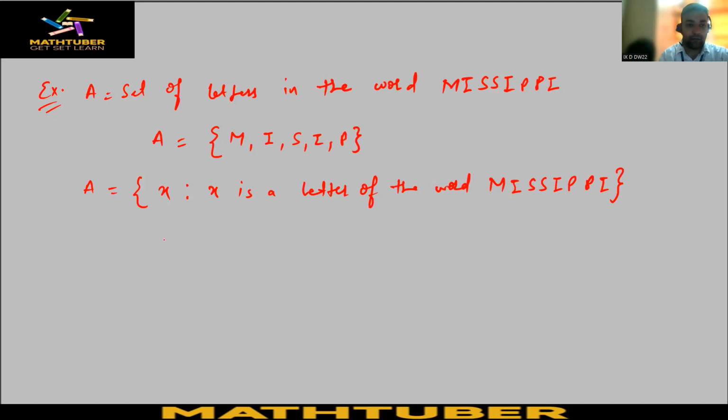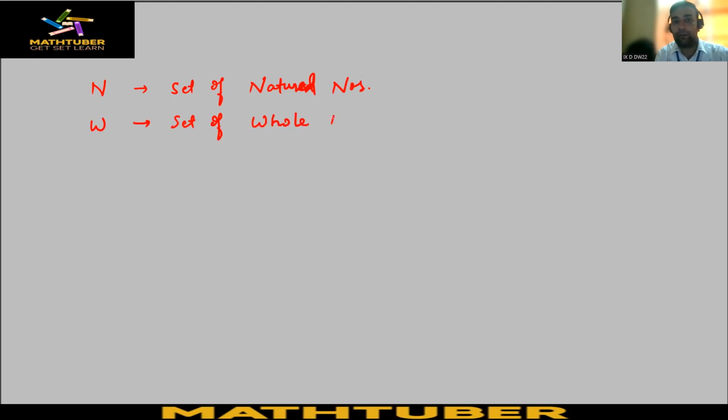So now let's learn a few more symbols. N represents the set of natural numbers. We all know that natural numbers start from 1 until infinity. Similarly, whole numbers, which includes 0 as well. So set of all whole numbers are represented by W. Then Z is for integers, set of integers.